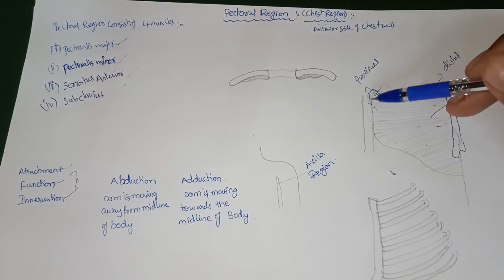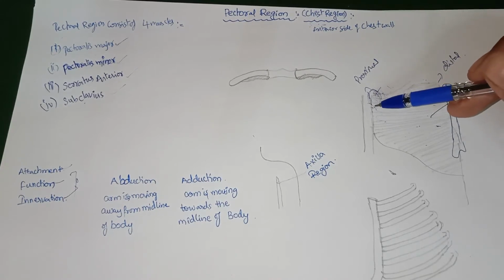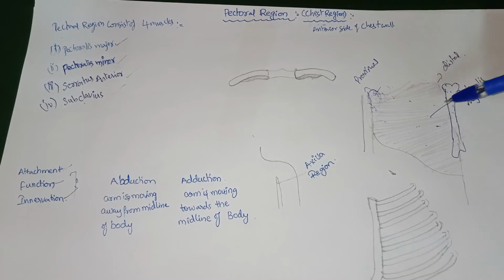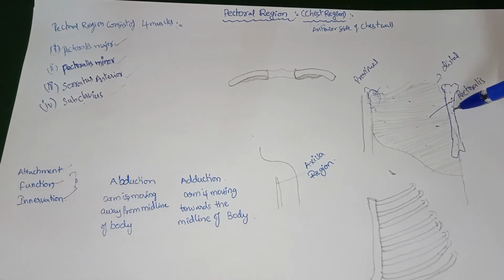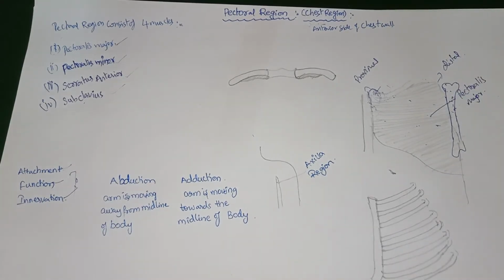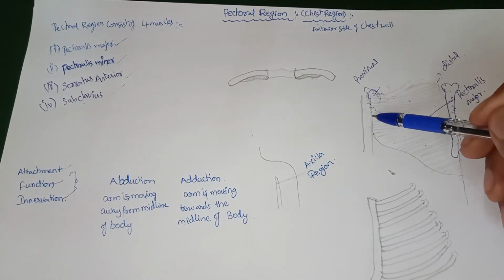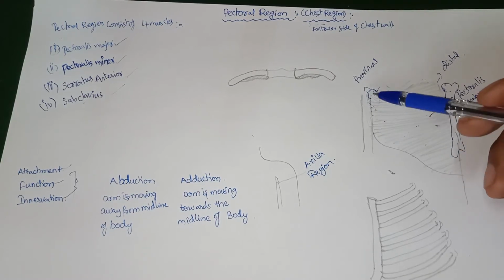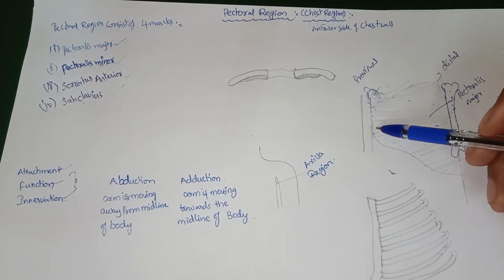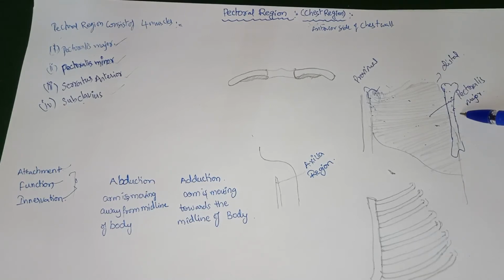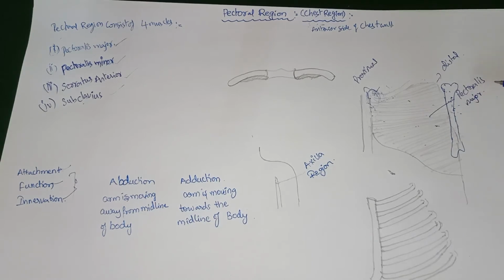From the sternocostal head the pectoralis major muscle goes and is inserted to the intertubercular sulcus of the humerus bone. So the clavicular head and sternocostal head are both the origin points of the pectoralis major muscle, and it is inserted to the intertubercular sulcus of the humerus.